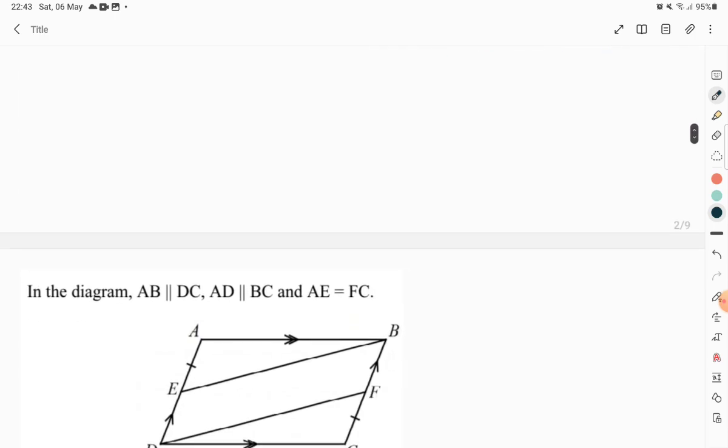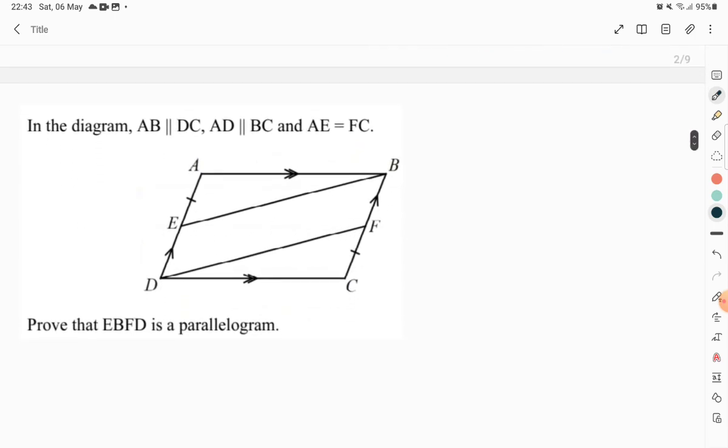Let's come to number 2. Number 2, we have this information over here in the diagram. AB is parallel to DC, and AD is parallel to CB, and AE is equal to FC. So what do we then do?